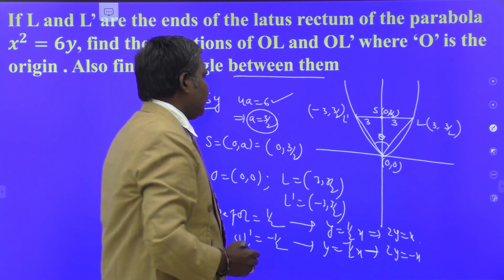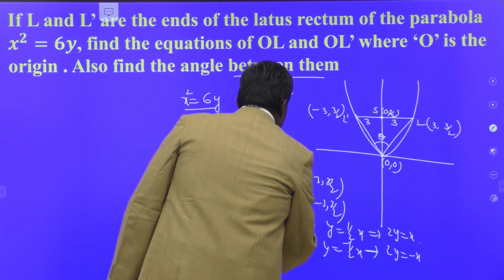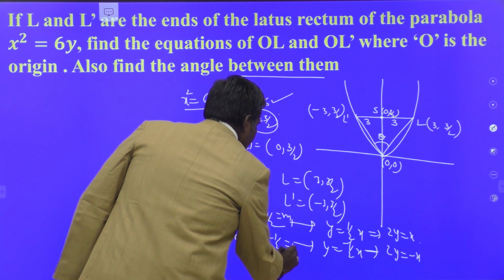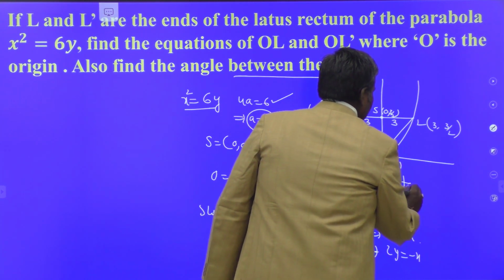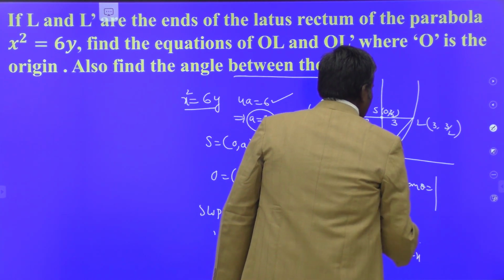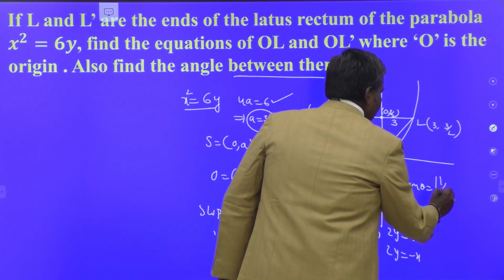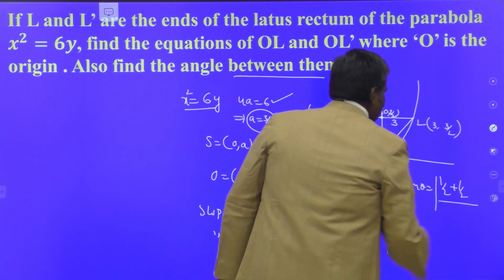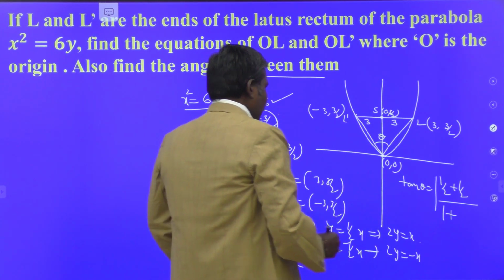Let theta be the angle between them. So what is the slope? Slope of OL is say m1, and this is say m2. What is the tan theta formula? Tan theta is equal to, if you are taking the acute angle, m1 minus m2 by 1 plus m1 m2. So 1 by 2 minus of minus 1 by 2, that is 1, divided by 1 plus m1 m2, that is 1 minus 1 by 4, which is 3 by 4.